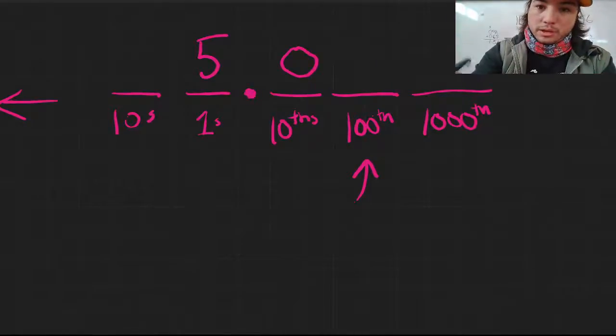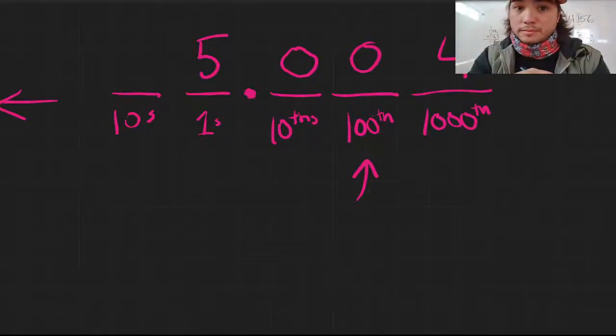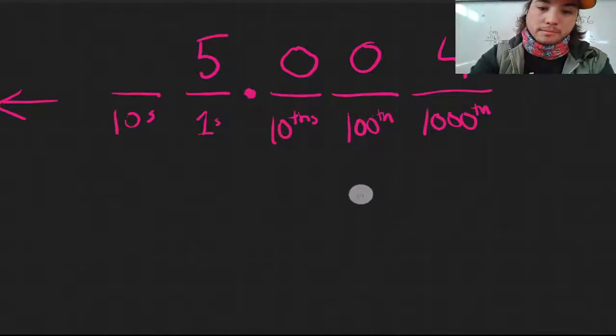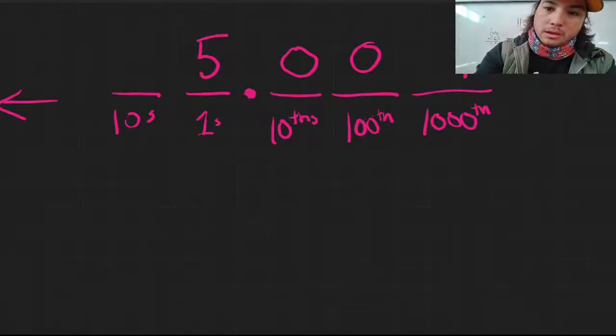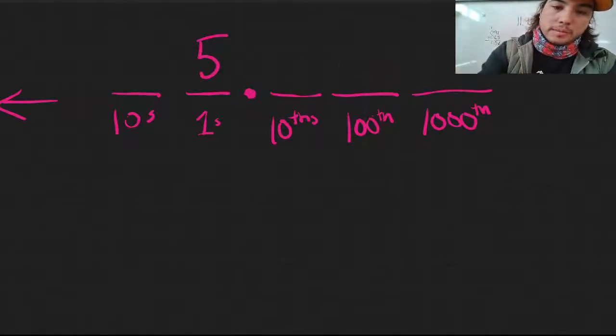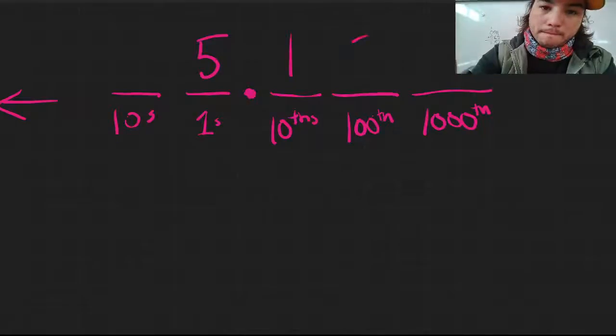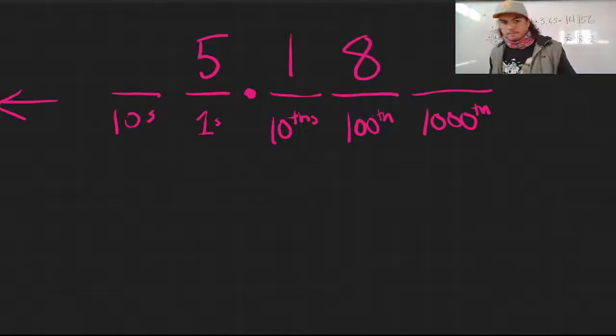So this would be 4/1000ths, right? Imagining we took one whole, cut it into 1,000 pieces, and we currently have 4 of those pieces. 4/1000ths. All right, so let's say we had something like this.